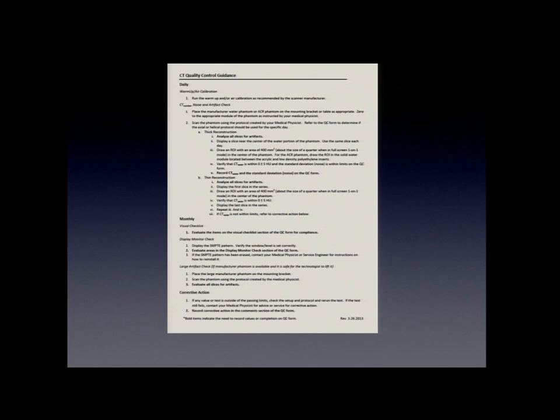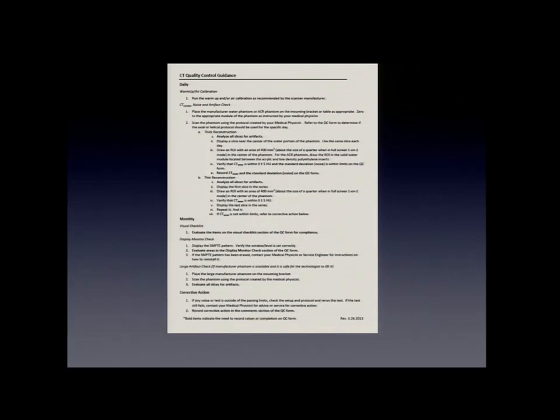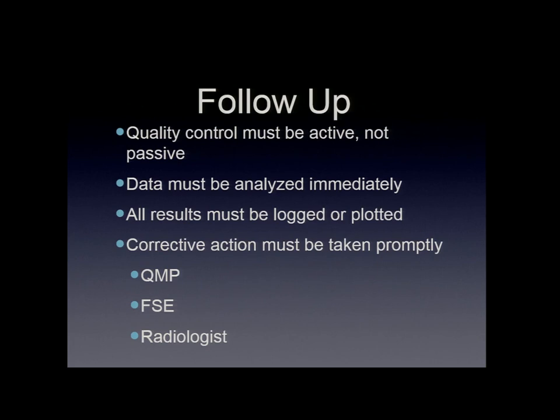It's right here. We used to be able to get in more, but now they lock the protocol, so we have to get somebody to let us in to develop protocols. But we establish a protocol that's just for QC to do this. So it's automatic. We really want to make it simple so that it's done. So this gives them all the directions on what they need to do to complete their QC.